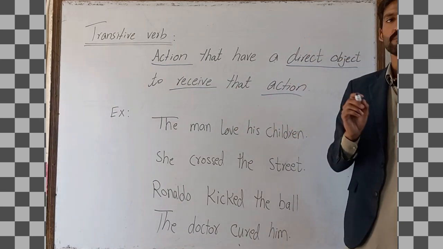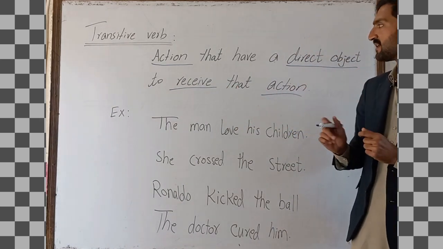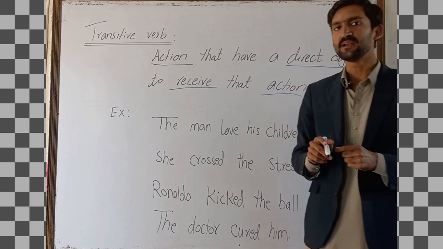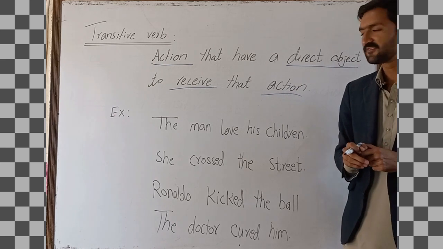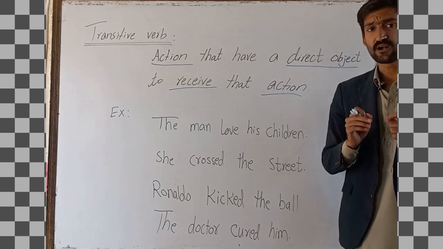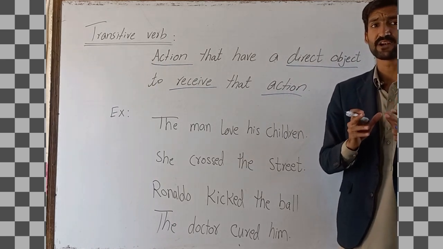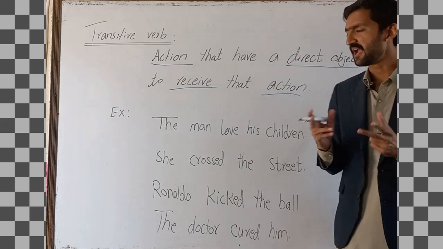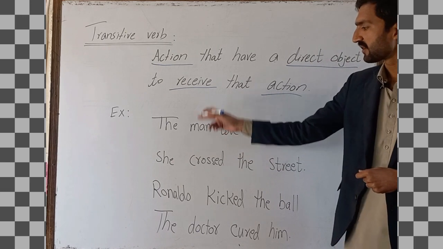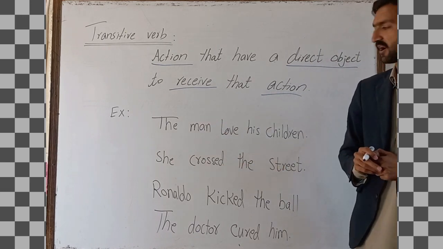This relates to the relevance of an object, meaning that in this sort of verb, the verb needs a certain object to complete its sense, to complete its action as well. Now we see examples that we have written on the whiteboard.